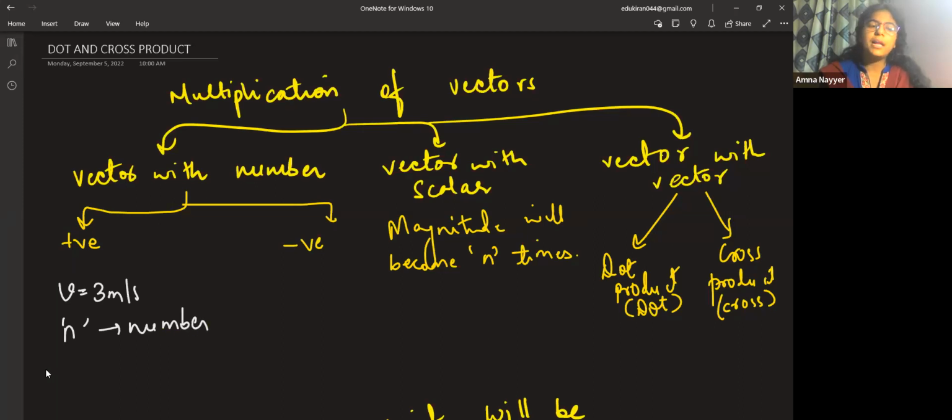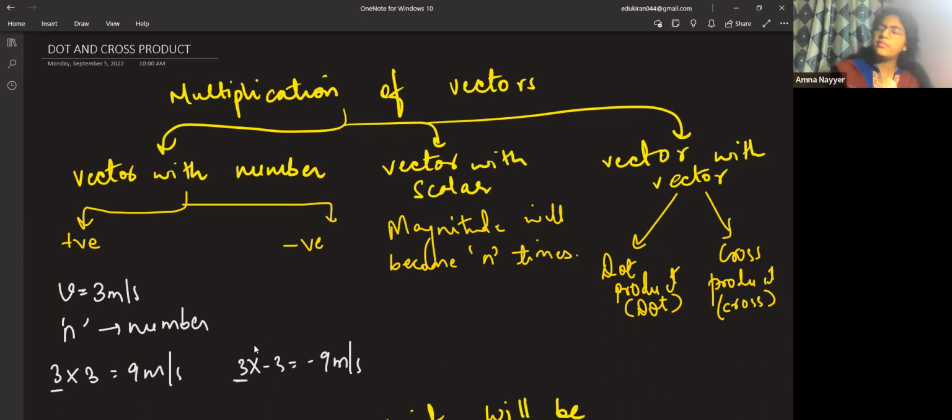I have multiplied 3 with 3, that gives me 9 meter per second. I have multiplied 3 into -3, that gives me -9 meter per second. So when a vector is multiplied with any number, it can be positive, it can be negative depending upon the number.